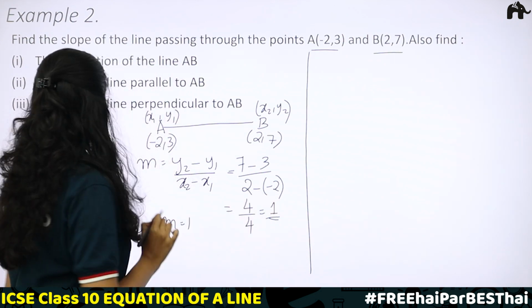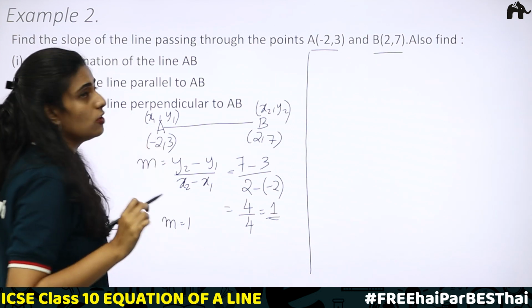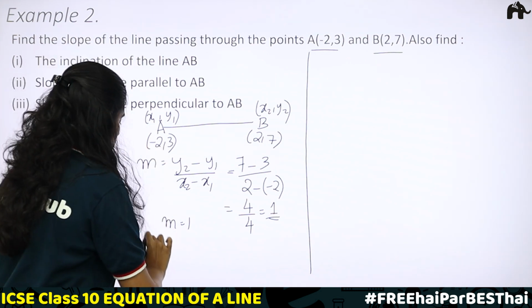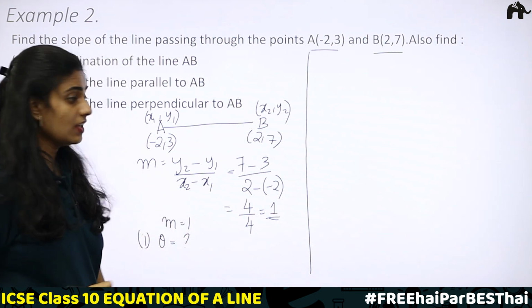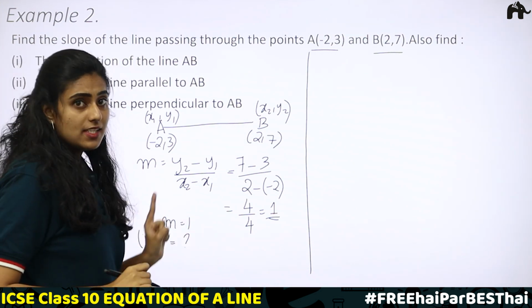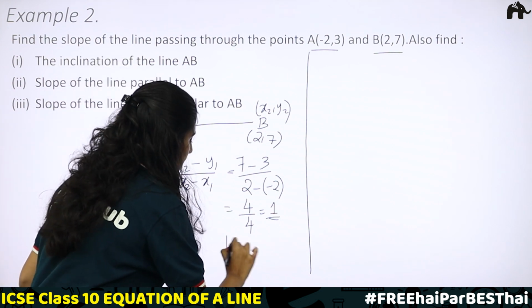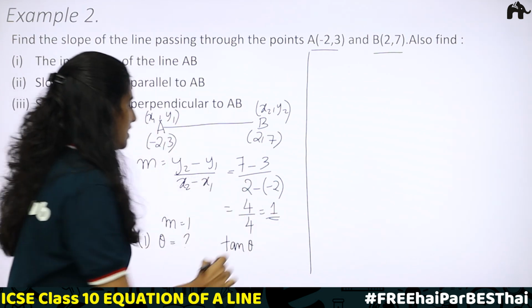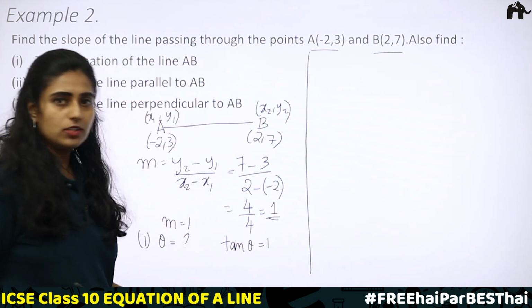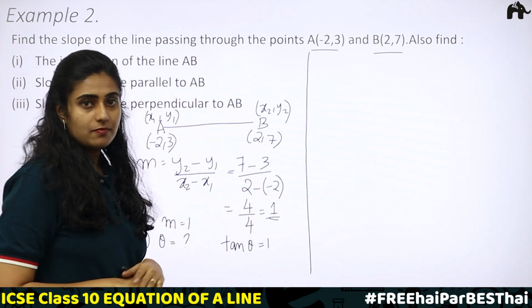Now what is the first question? We need to find the inclination of the line AB. First question, we need to find inclination theta. We have slope m is equal to 1, which means m is equal to tan theta and tan theta is 1. When do we get 1?